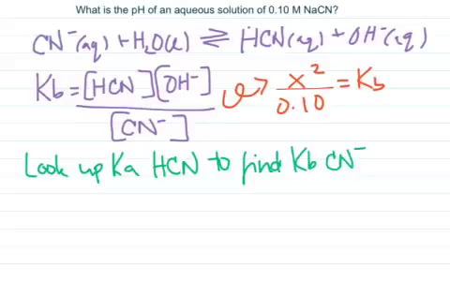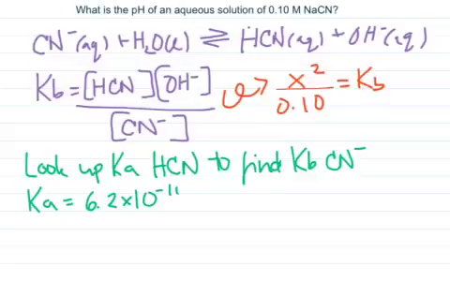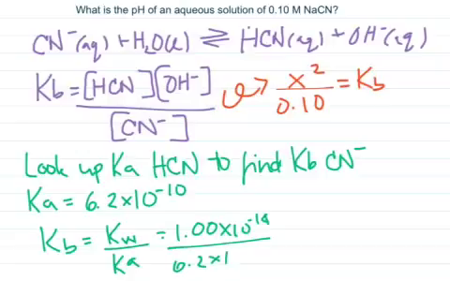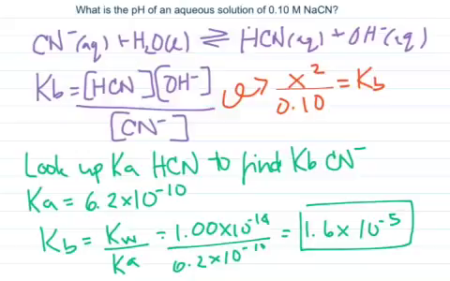So the Ka I find is 6.2 times 10 to the minus 10. So I'm going to use the equation Kb is equal to Kw over Ka, so 1.00 times 10 to the minus 14 over 6.2 times 10 to the minus 10, and I get 1.6 times 10 to the minus 5. So this is my Kb.